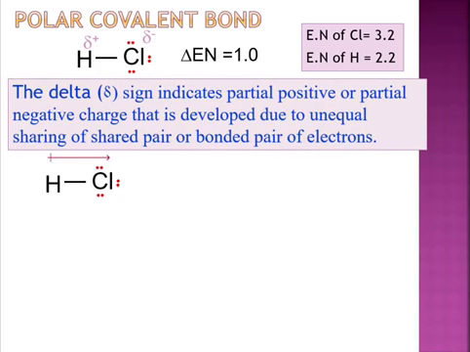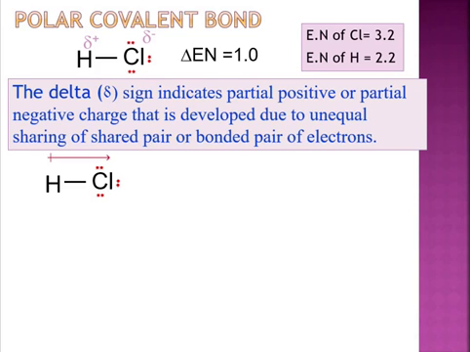Another way to represent the polar bond is the use of a crossed base arrow. In this case, the polarity on a molecule can be represented by drawing an arrow.